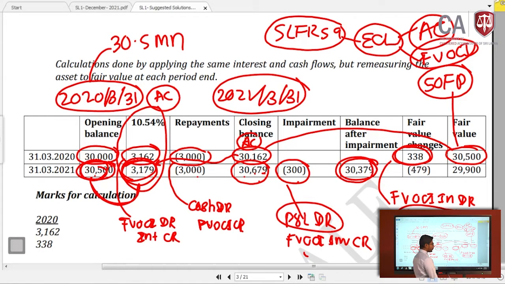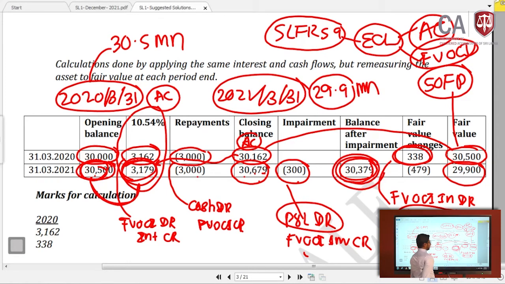30,379, and now you are going to compare the fair value as at 31st March 2021, 29.9 million, with this carried forward balance, the closing balance after impairment. So when you compare these two, you will see there is a 479 fair value reduction, and what you do when there's a fair value reduction is put a double entry.